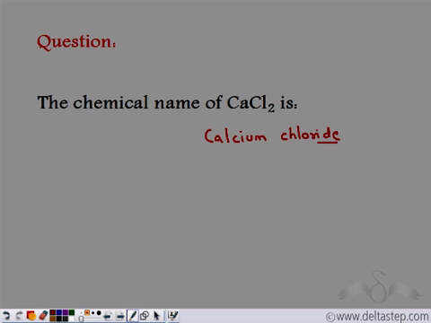But in this case, you observe, when we have a metal and 1 non-metal, we ignore the number of atoms which are present. We do not consider this 2 while naming the compound which has a metal and non-metal, but this is not the case when we have 2 non-metals. Whenever we have 2 non-metals, we always consider the number of atoms present in both the non-metals.